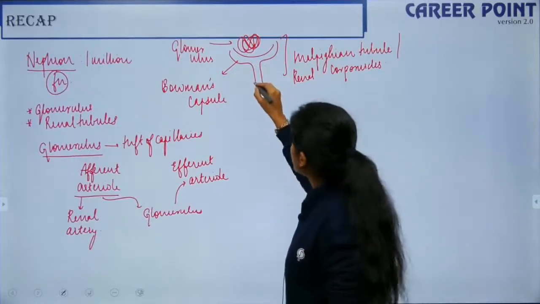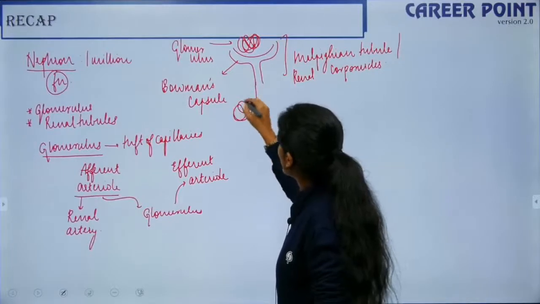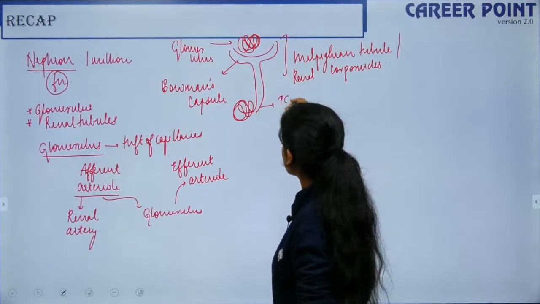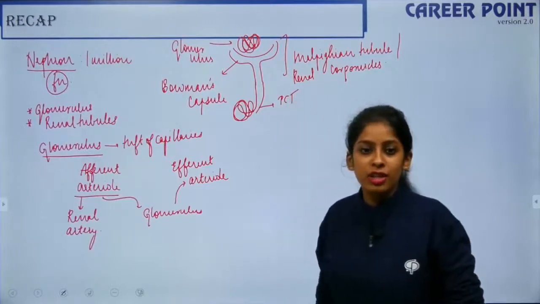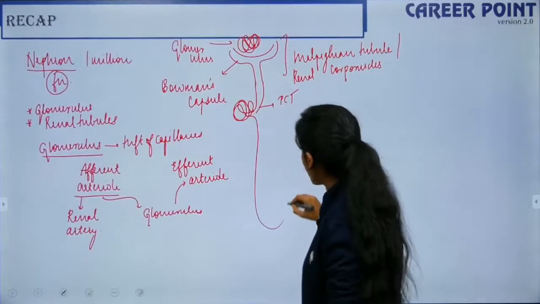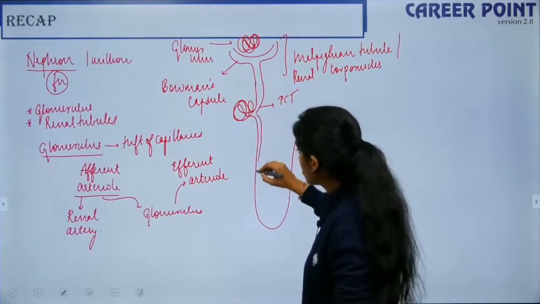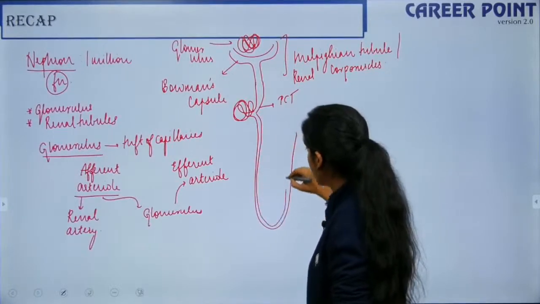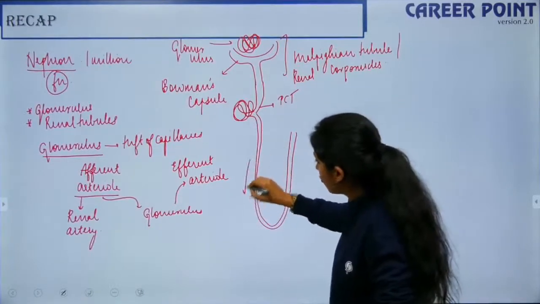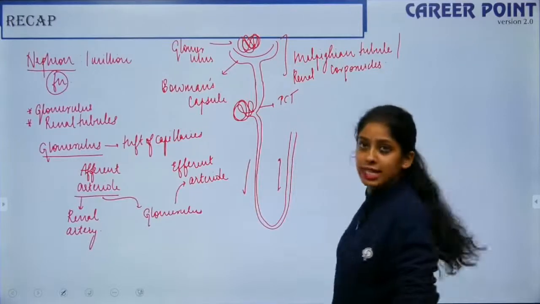Now this continues to form a highly convoluted structure. This is known as your PCT, proximal convoluted tubule. Okay? Then you have a hairpin shaped structure. This is known as the loop of Henle. Right? This has your descending limb and this has your ascending limb.